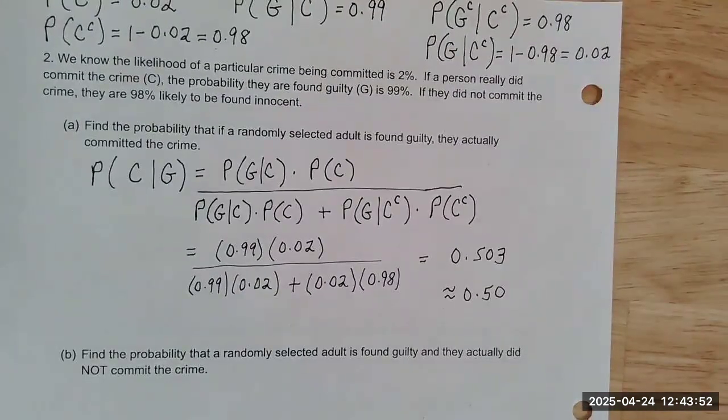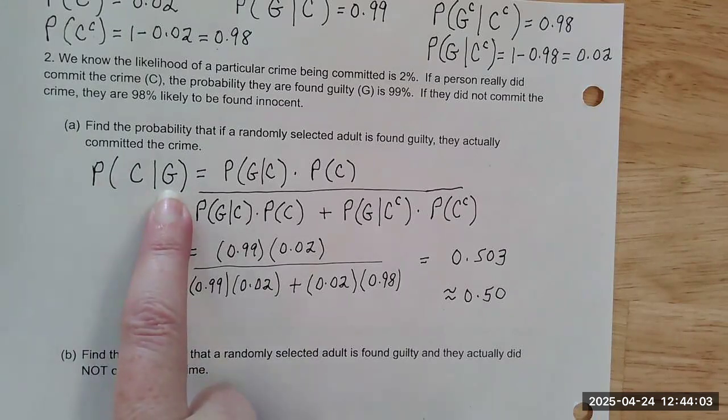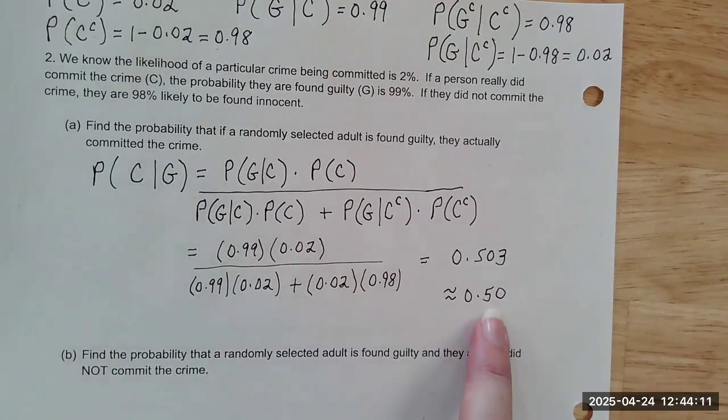Whoa. Okay, so this says, given that they actually were found guilty, so they were in the courtroom and they said, you're guilty, you're going to jail. The probability they actually committed the crime, 50%.